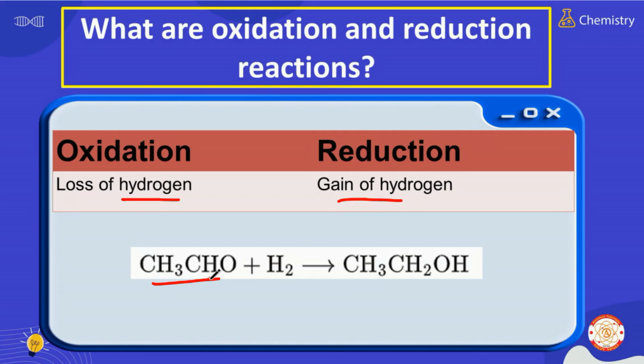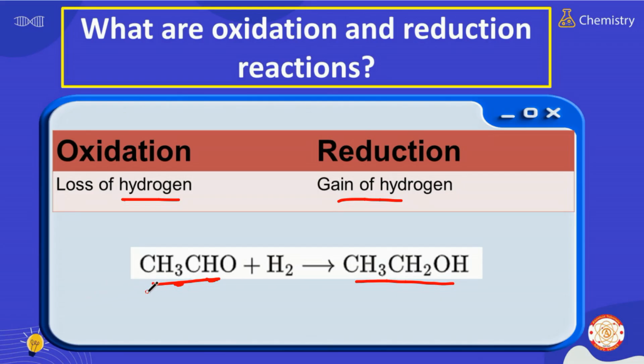Consider this acetaldehyde. How many hydrogen atoms does it have in its structure? 4, right? Let's come to this structure, which is ethanol. Ethanol has how many hydrogen atoms in its structure? It has 6. So what has changed is the number of hydrogen atoms, right?